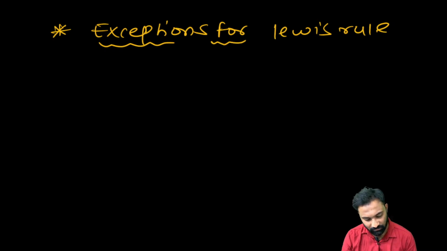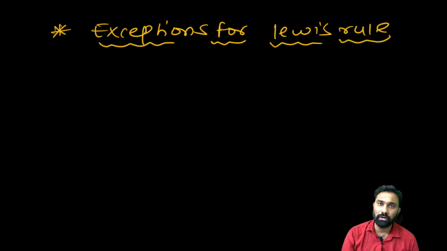What is the meaning of an exception to the Lewis rule? Lewis said that each and every atom should have 8 electrons around the central atom. But some compounds, even though they do not have 8 electrons on the central atom, are stable. Clear?